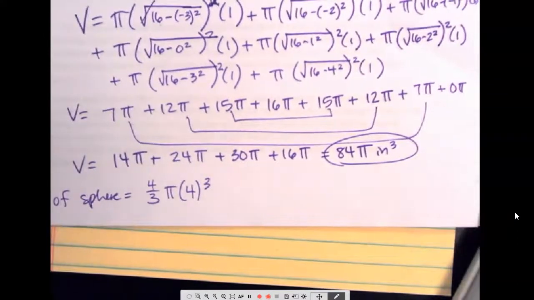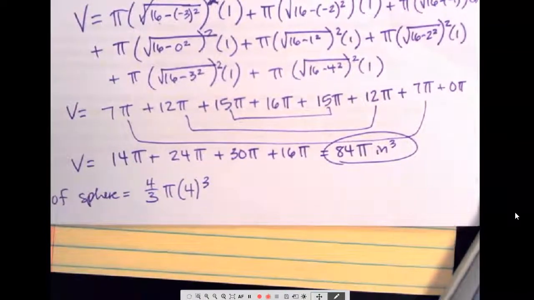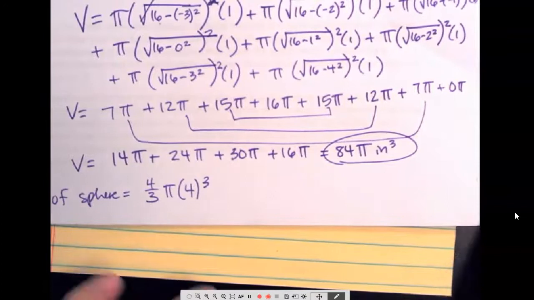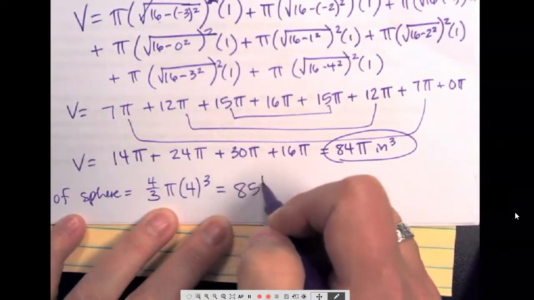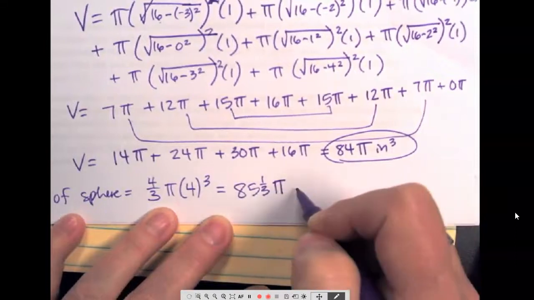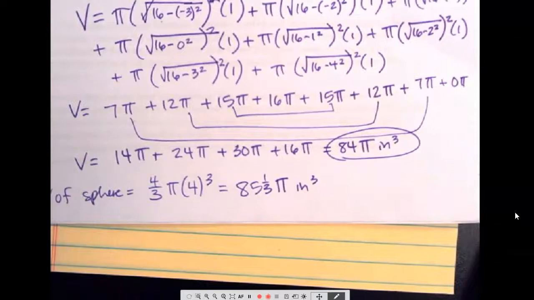And let's see what that gives us. I'm going to not multiply the pi since I already have pi by itself over here. So I'm just going to do 4/3 times 4 cubed is 85 1/3 pi. It's pretty close, isn't it?